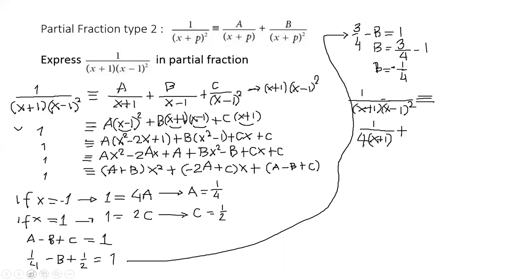B, oh, minus, it means minus 1/4 over x minus 1, and after that c, it means plus because positive, c is a half, 1/2 over x minus 1 squared. All right, so this is the partial fractions of these expressions.